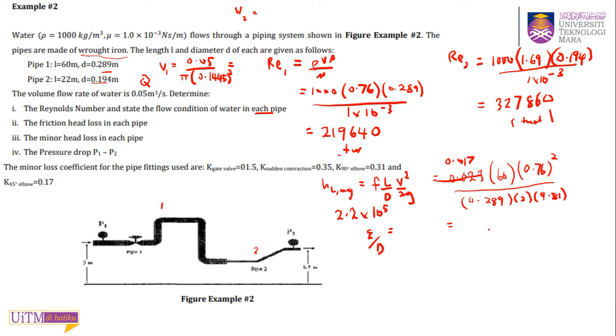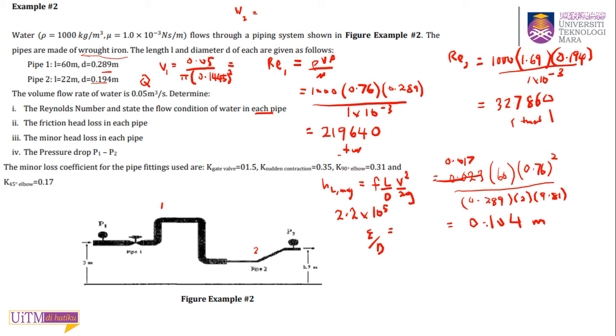What is the friction head loss for pipe 1? You get 0.104. Okay, 0.104 meter. Don't forget your unit.